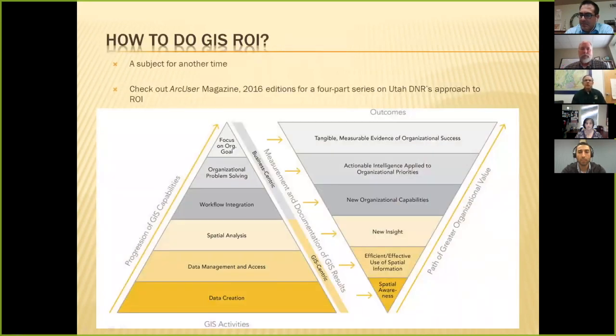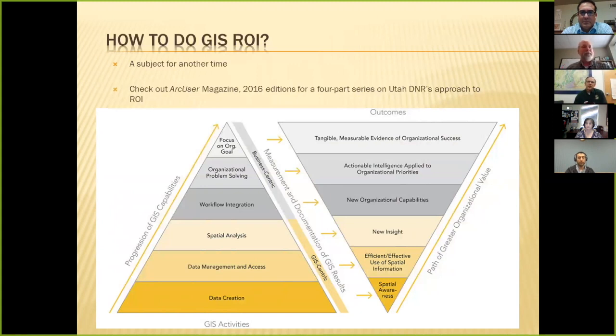So after we address the what and the why of GIS ROI, it's only natural for us to begin to explore how to do it. But as I said, we really don't have time in this webinar to jump into that. But if you are interested in understanding a little bit about how Utah DNR has approached a process for ROI, you can learn about that in ARC User Magazine in the 2016 edition's 4-part series.